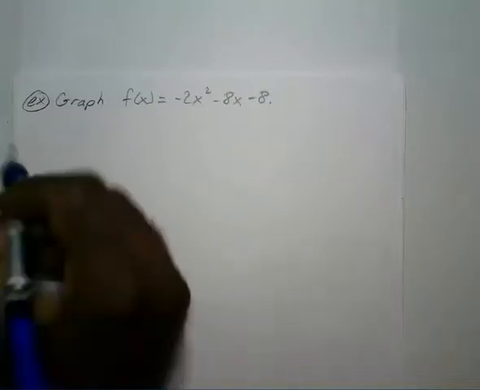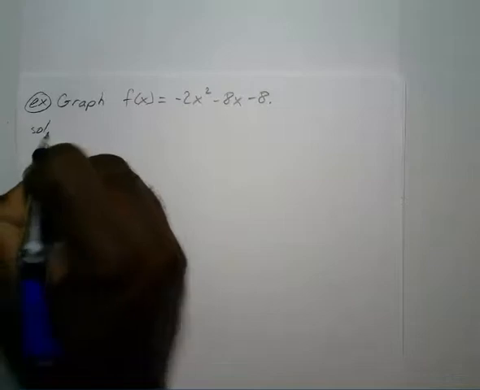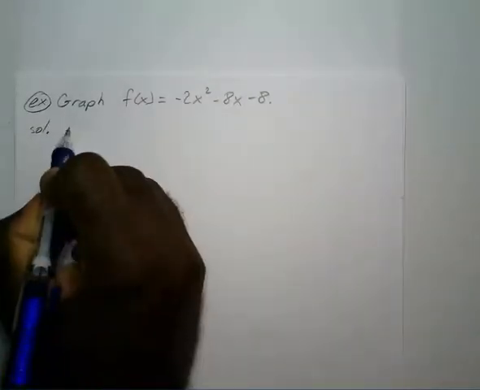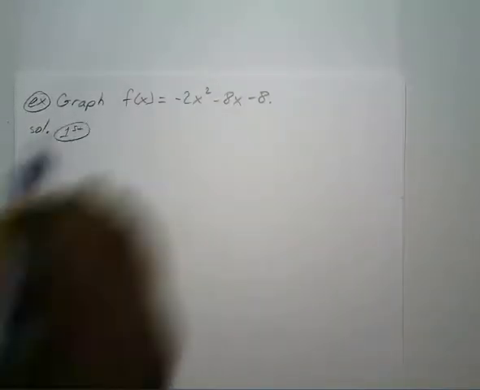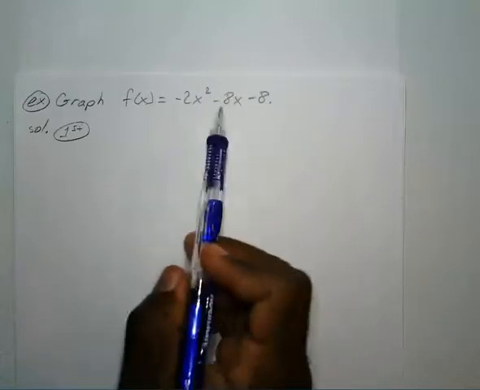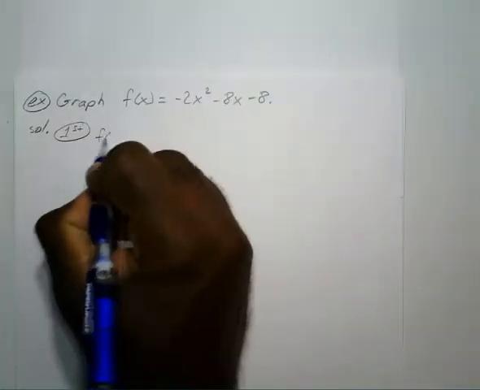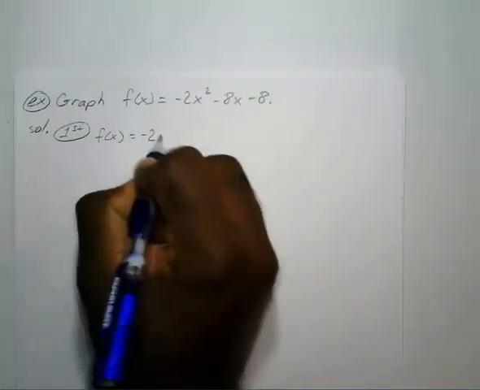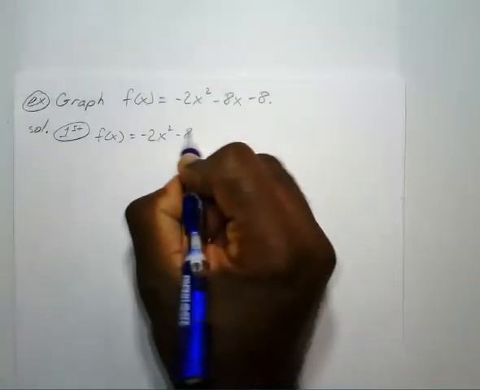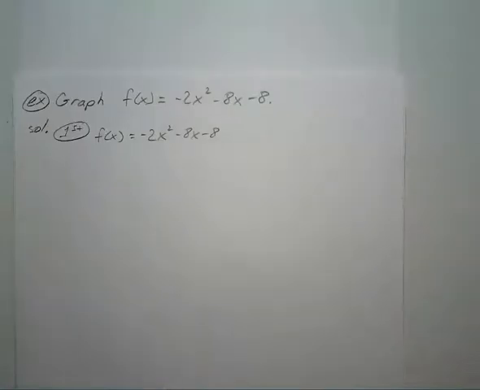Let's go ahead and get started. Look at our first step. It's already in the form that we want: f of x equals negative 2x squared minus 8x minus 8.